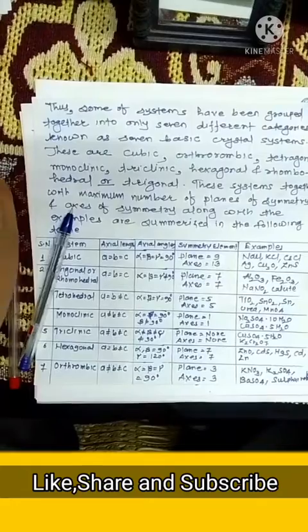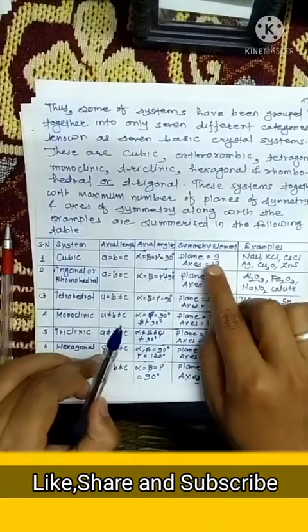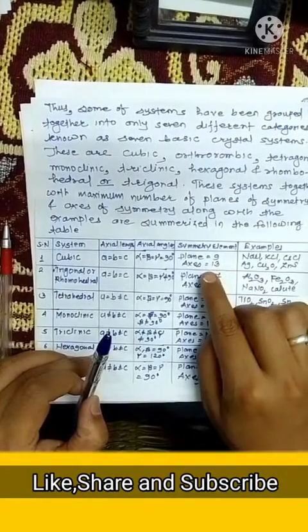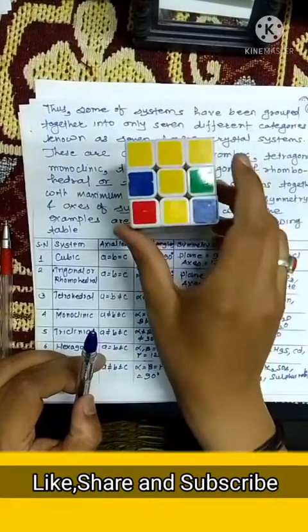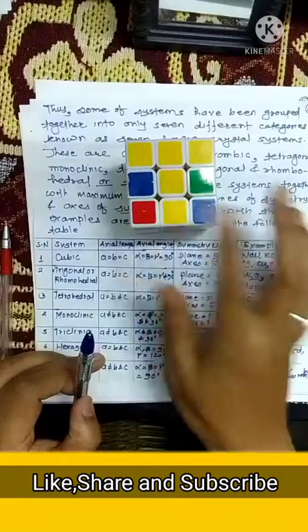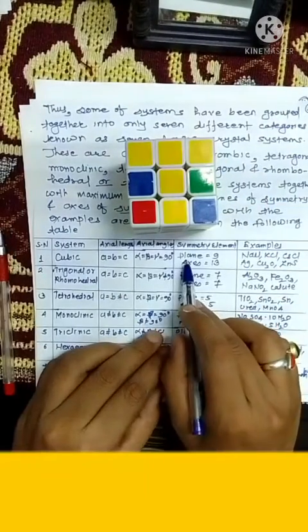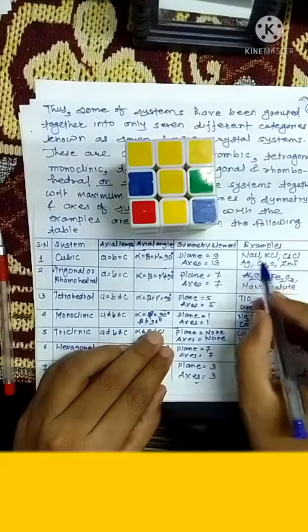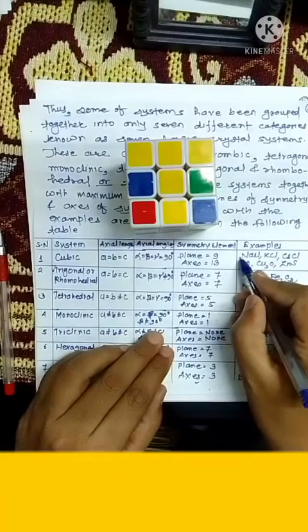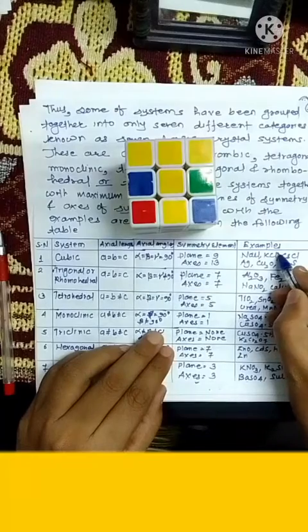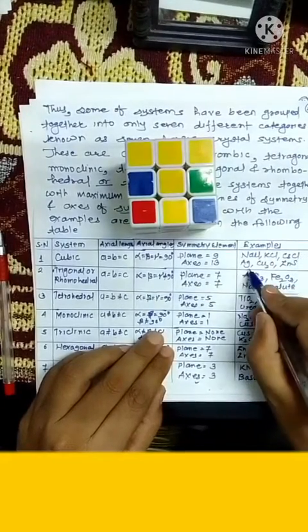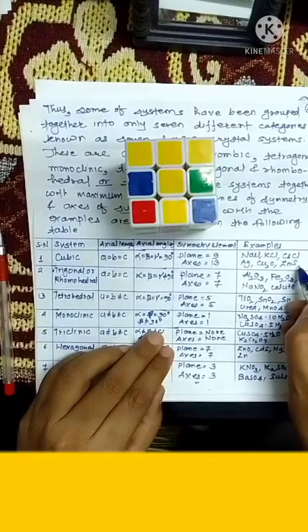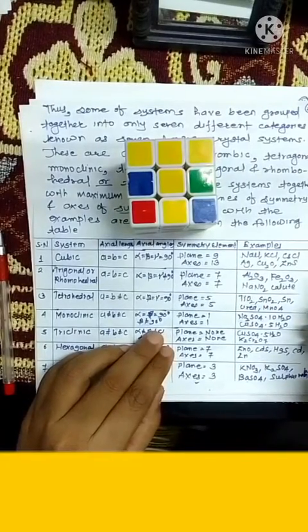Now there are 9 planes of symmetry and 13 axes of symmetry present in your cubic structure. Examples of this type of system are NaCl, KCl, cesium chloride, Ag, Cu2O and zinc sulfide.